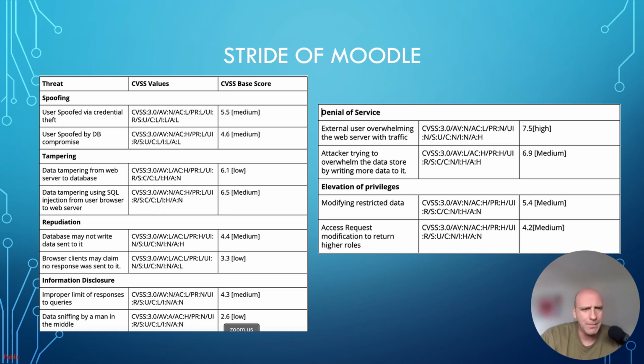Now, going to tampering: data tampering from web server to database. Again, it's a 6.1, a low medium threat. Also, there's a potential for data tampering using SQL injection from the user browser to the web server. It depends on how you build it, but obviously a user can potentially exploit SQL injection attacks from the user browser to the web server.